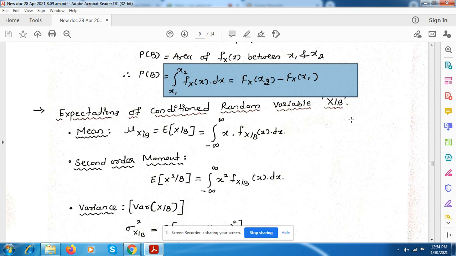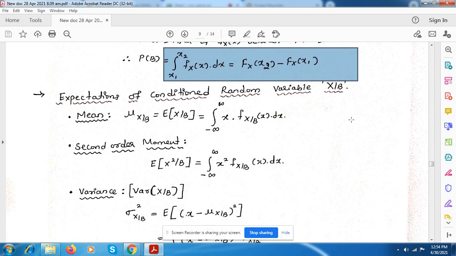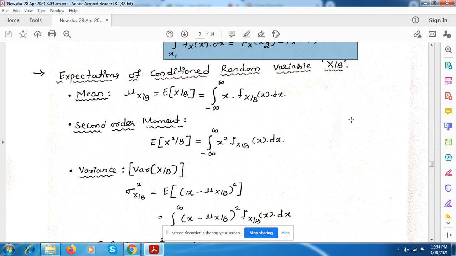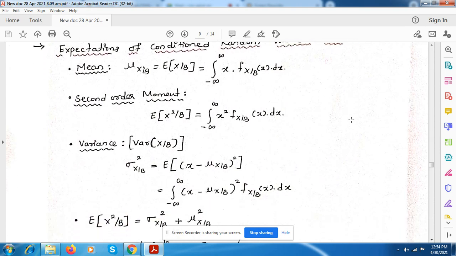Next, we will see the mean, variance, standard deviation, everything for the conditioned random variable. So here the conditioned mean is mu_X|B, that is E[X|B]. And for mean we already know, that is the integration from minus infinity to plus infinity of x into its PDF value. Here it is conditioned mean, so we have to include the conditioned PDF value, that is f_X|B(x) dx.